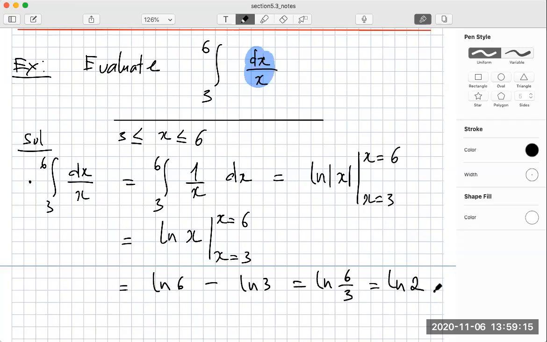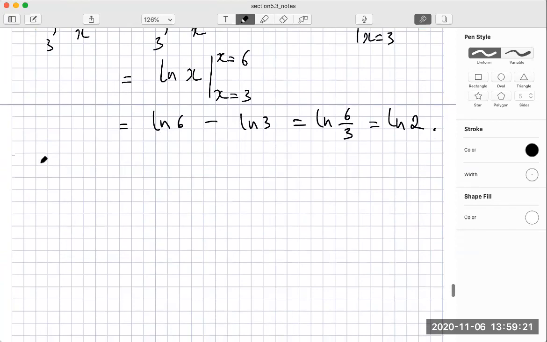Now, let us move on to another example. What is wrong with the following calculation?